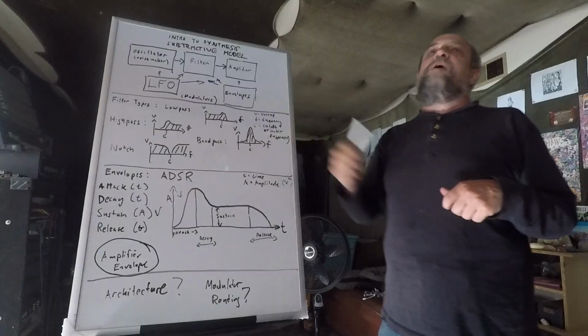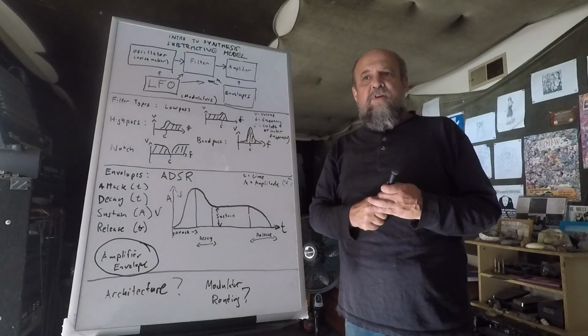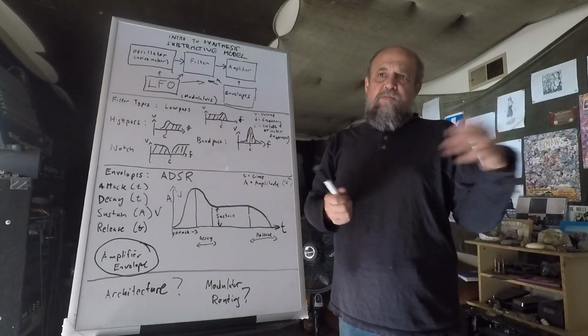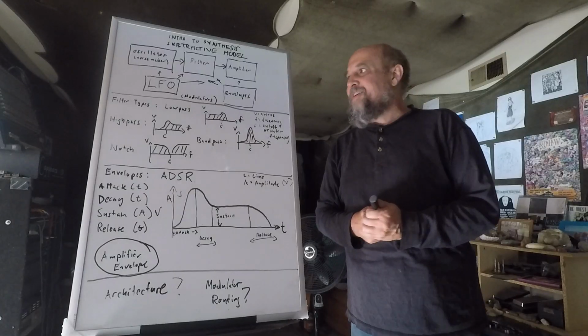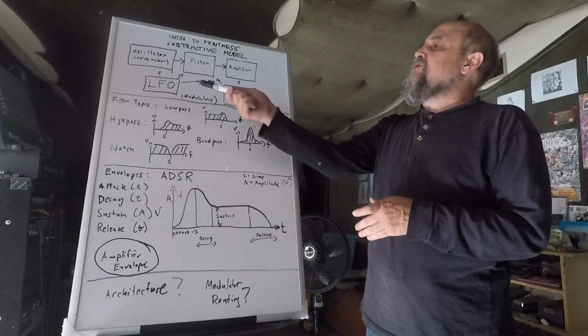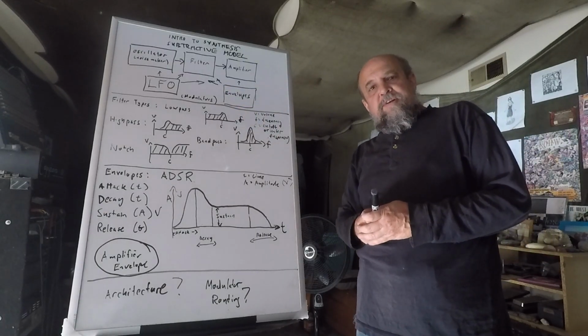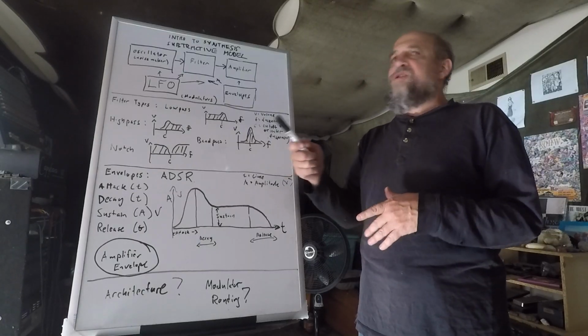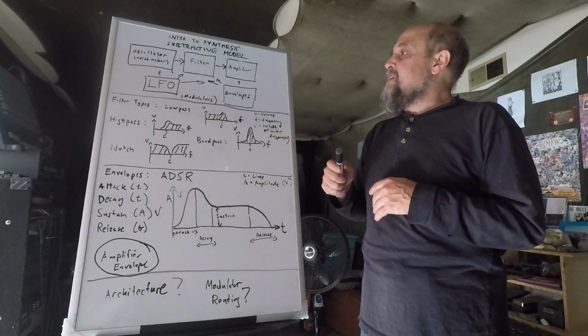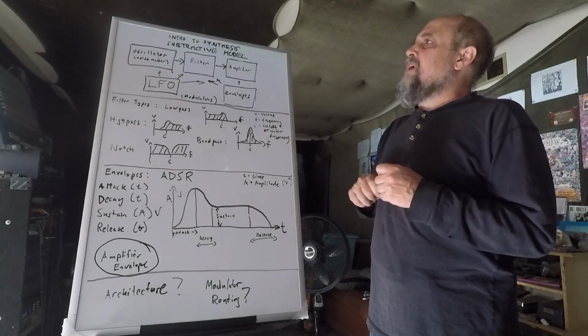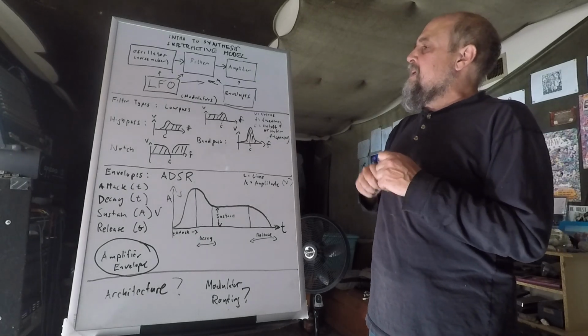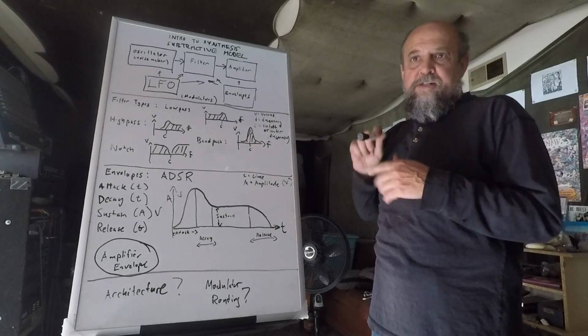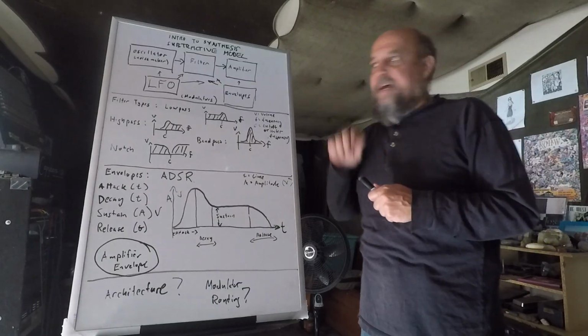These things are called modulators, and what they do is essentially they are something that wiggles something else. LFO stands for low frequency oscillator, and this is basically a function that repeats in time. The envelope is a little bit different of an animal. It's kind of a one-shot wiggler. We'll talk about that in a little bit.